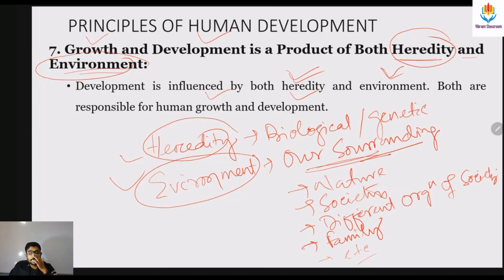That means if an individual does not have a good environment, then that individual does not develop to the full extent. But if an individual gets a proper or conducive environment, then that individual's growth and development occurs in a perfect manner. So here both heredity and environment influence growth and development.